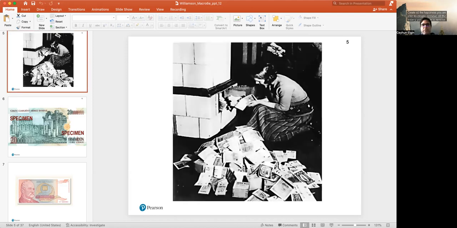This picture is from post-World War I Germany, where the German economy was experiencing hyperinflation, which is consistent 3-digit inflation, where the banknotes there, so this woman is burning banknotes to get some heat, and those banknotes basically don't have any value due to the hyperinflation.